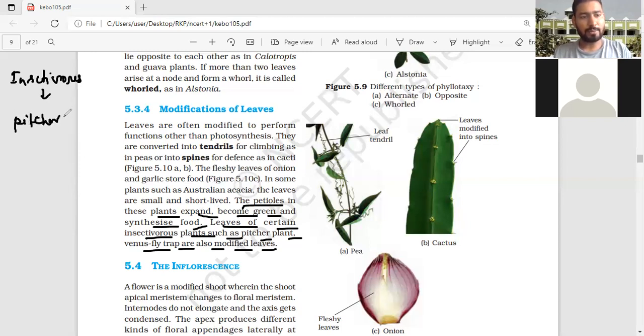Can you tell another name of pitcher plant? Nepenthes. Very good. Nepenthes.